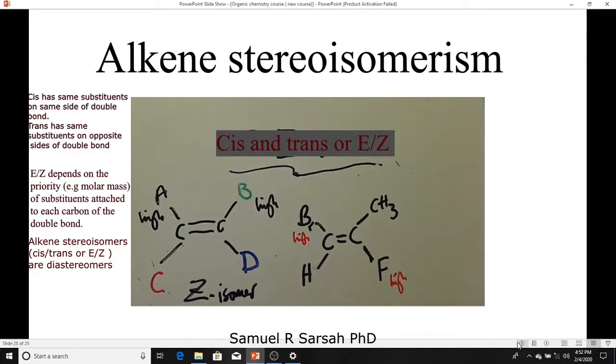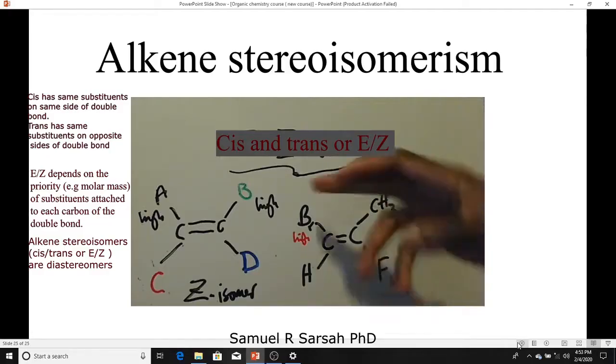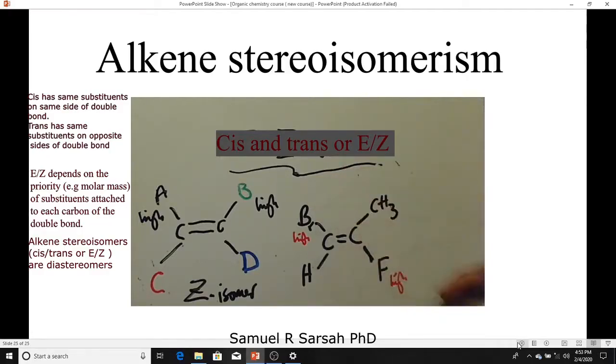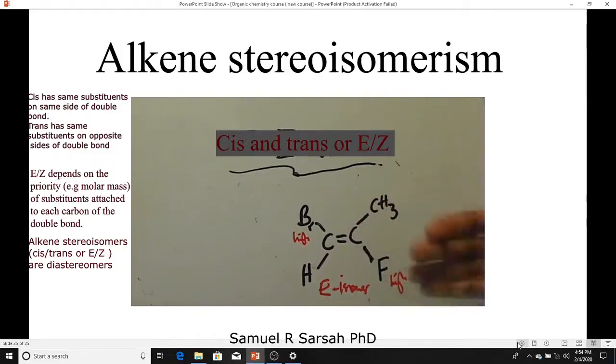So you have to check on each carbon which group is high in priority, and then look at the whole molecule and see how they are located. So here we find out the groups of high priorities are on opposite sides of the double bond. So this is E isomer. You can draw the Z isomer for this by just changing this and this.